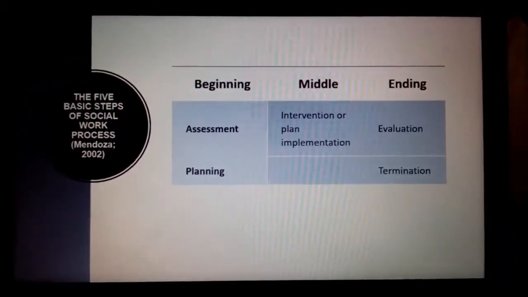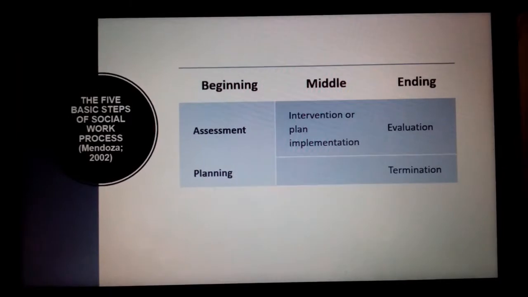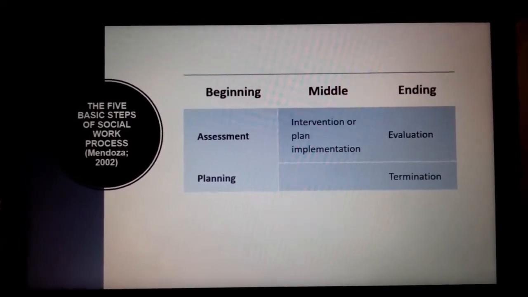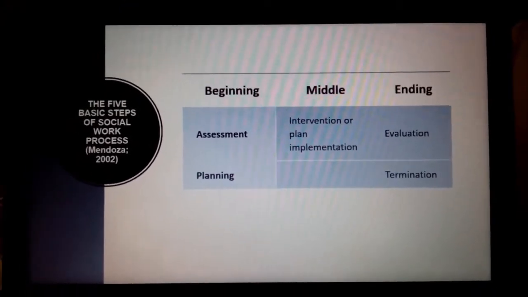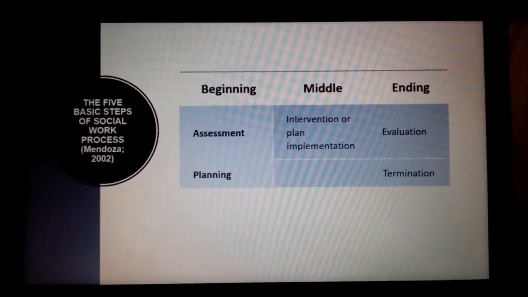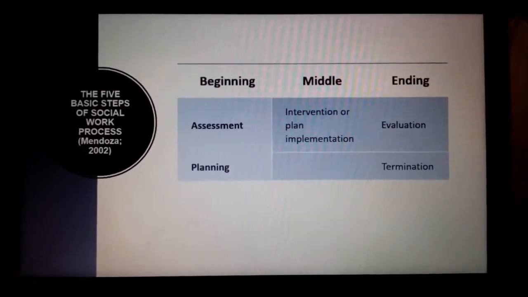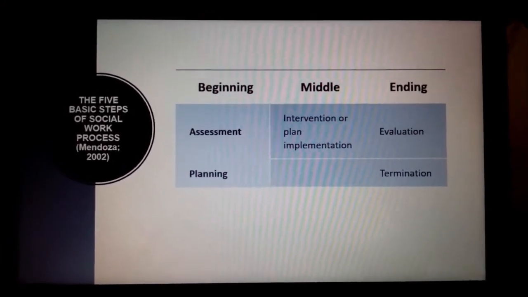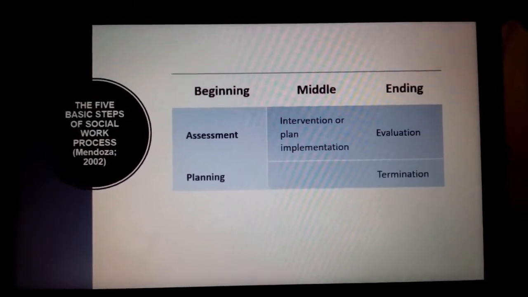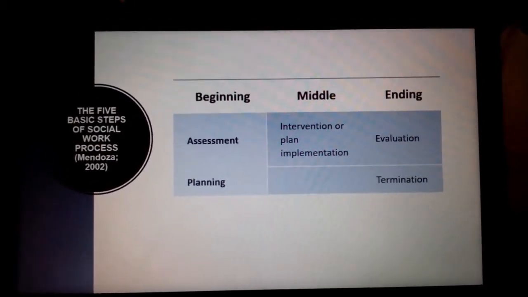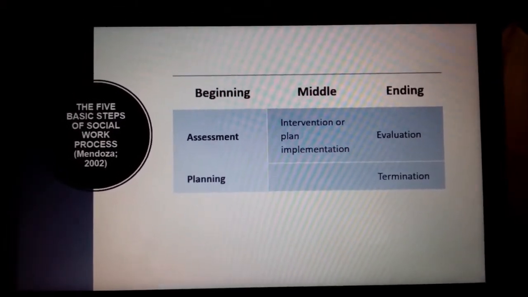Next one, according to Mendoza 2002, these are the 5 basic steps of the social work process. I put it in a table with beginning, middle, and ending. In the beginning, we have assessment and planning. In the middle, it involves intervention or plan implementation, the implementation of the plan. And the ending, of course, evaluation and termination.